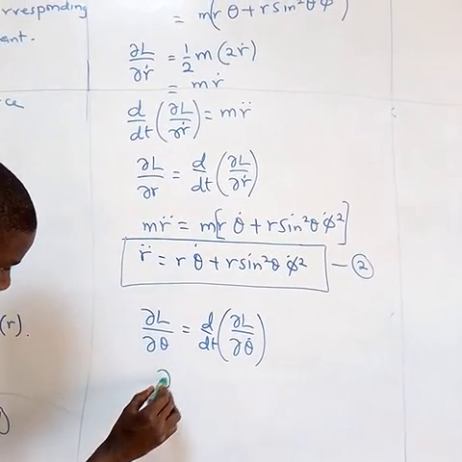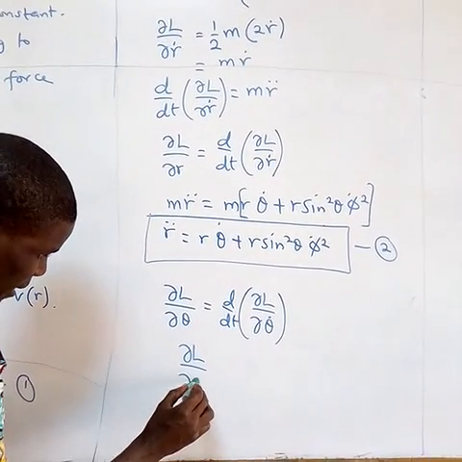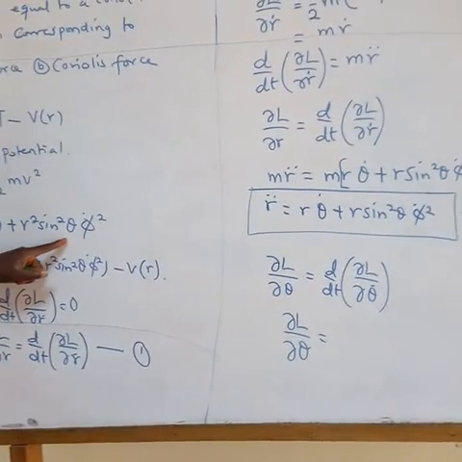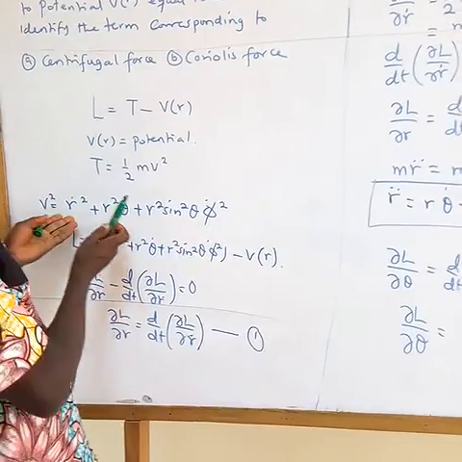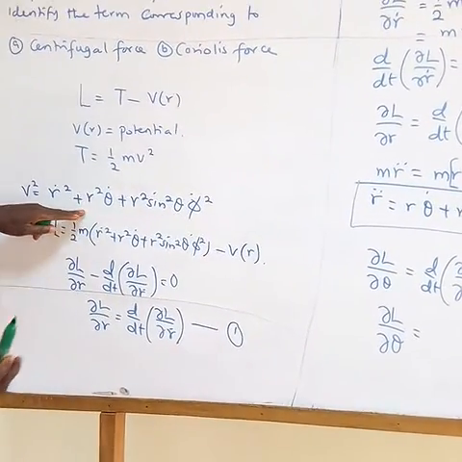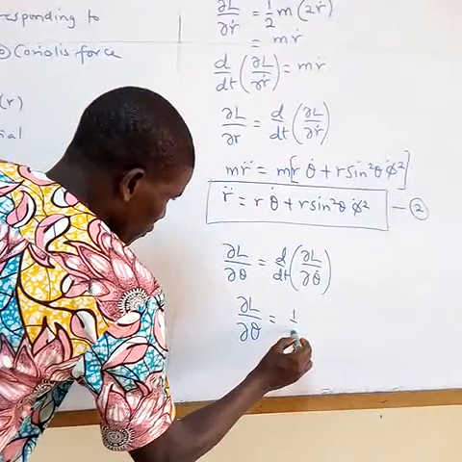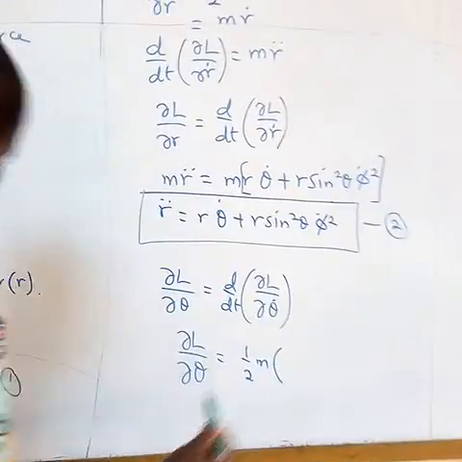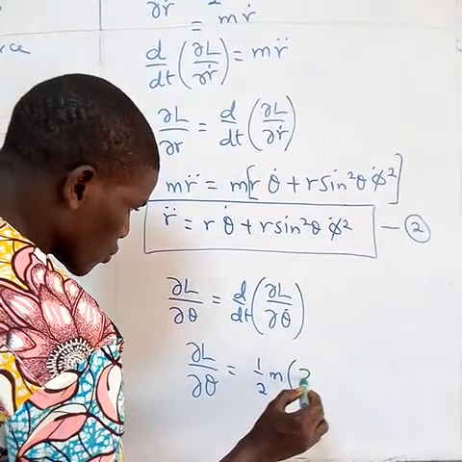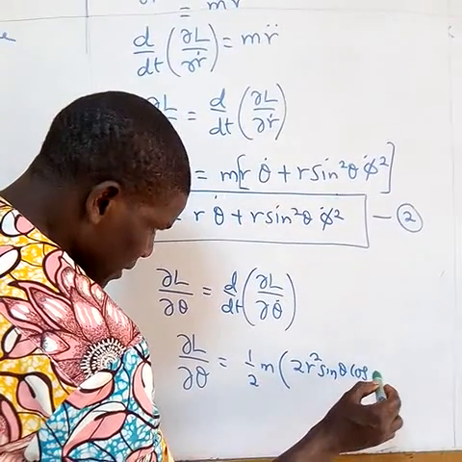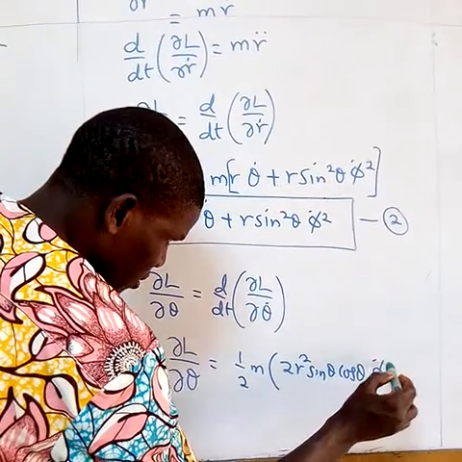So what is partial L by partial theta? This one contains theta. This one does not contain theta. This one contains theta dot. So if you want to differentiate this, we are going to have 1 over 2m into bracket 2r squared sine theta cos theta phi dot squared.